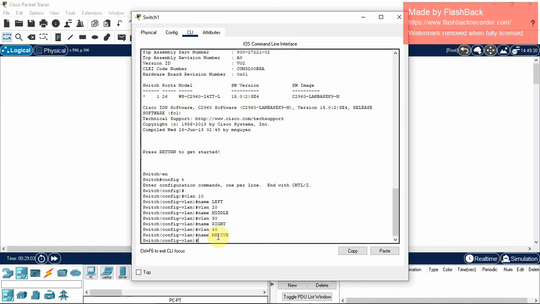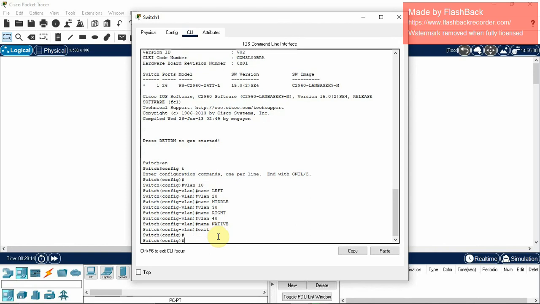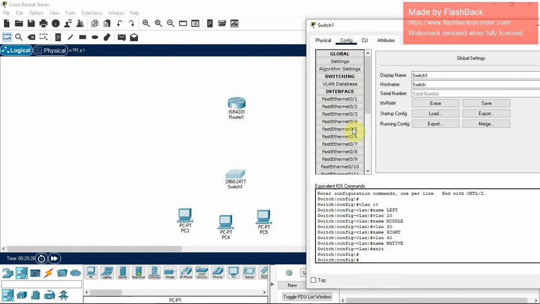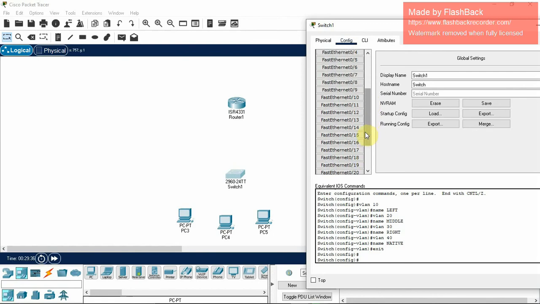Well, we've already created the VLANs, so we are going to allocate the VLANs to the interfaces. So from here we exit, and then we create the ranges. Because our switch, of course, has many interfaces, you see there are around 24 FastEthernet and 2 gigabit Ethernet switch ports.